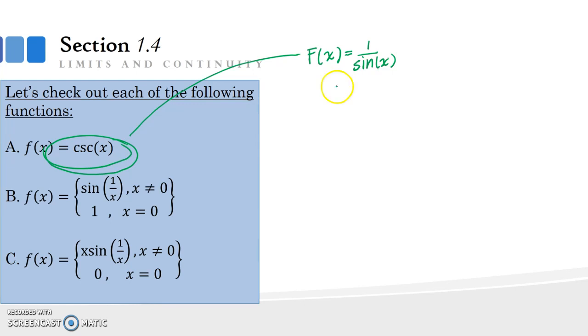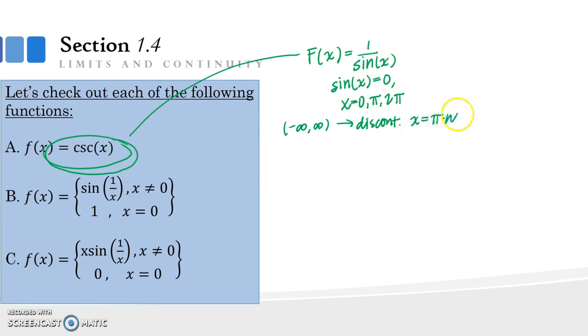Sine of x is equal to 0 anywhere x is 0, pi, or 2 pi. So over the interval of x values from negative infinity to positive infinity, we are going to have discontinuities for cosecant anywhere x equals pi times some n value, where n is an integer.